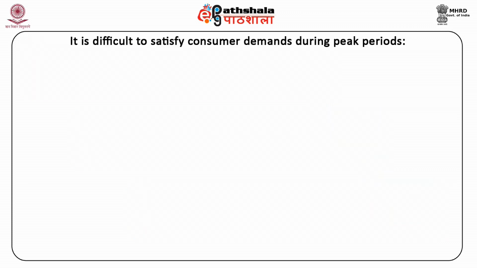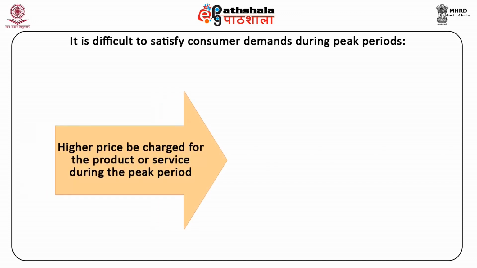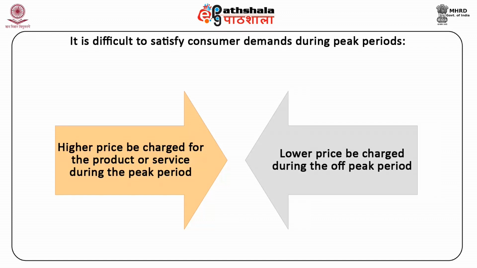In general, it is difficult to satisfy consumer demands during peak periods, and profit maximization requires that a higher price be charged for the product or service during the peak period and a lower price be charged during the off-peak period.